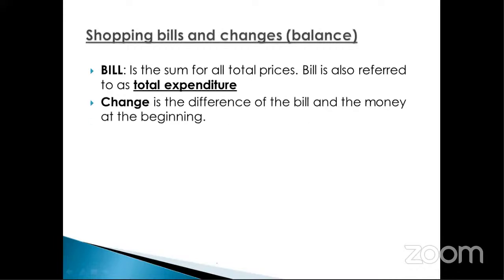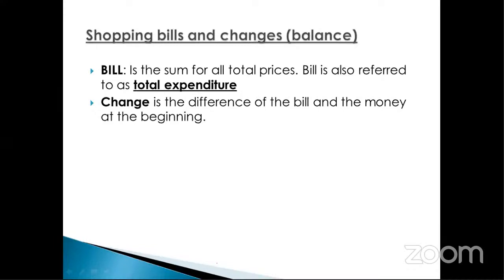So how do we get this change? Change is the difference between the bill and the money at the beginning. For example, if the money you went with is 50,000 shilling, and you bought items for 20,000 shilling, the money that they are going to give you back is what we call the change.